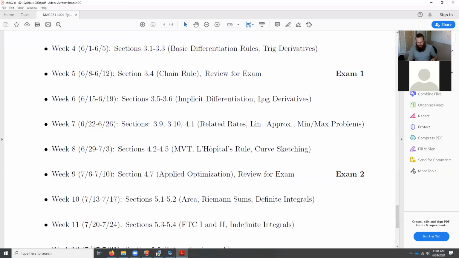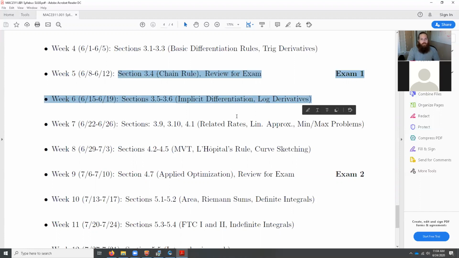Logarithmic differentiation, we will do next week along with, well, let's see. Yeah, we'll see. I think I'm going to mash together the material for weeks 5 and 6 into this week's stuff because they all fit together. So we're going to do this stuff this week because the chain rule thing is short, we already introduced it, and really these things go together.